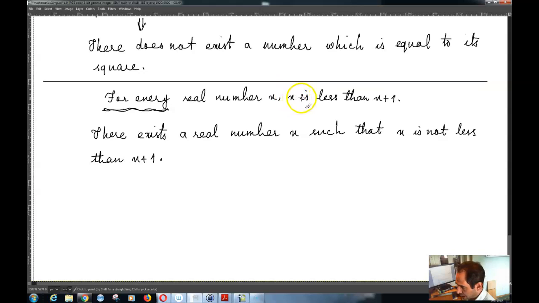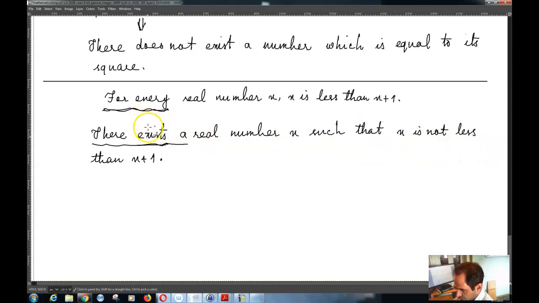And now if you want to negate this, even if there is just one such number x such that x is not less than x plus 1, then that means this statement is not true, or that you have negated this statement. So for the negation of "for every", you can simply use "there exists a" and so on and so forth.